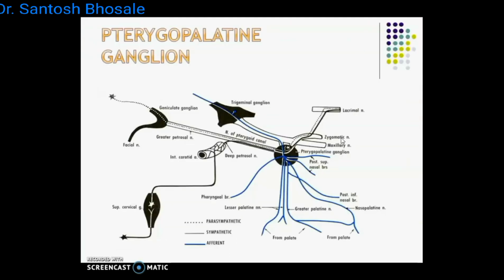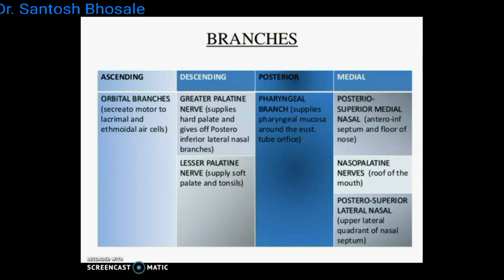You can see in this diagram the pterygopalatine ganglion and how it is getting the preganglionic fibers. You can see the nerve of the pterygoid canal there, and these are the palatine branches, nasal branches, and pharyngeal branches. So you can remember OPPN, short form of opposition: orbital, palatine, pharyngeal and nasal branches.